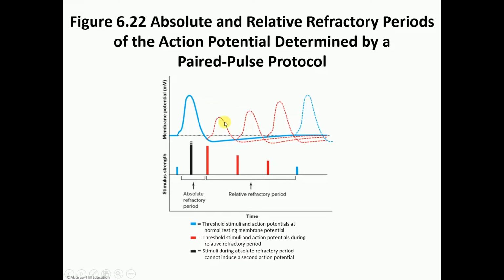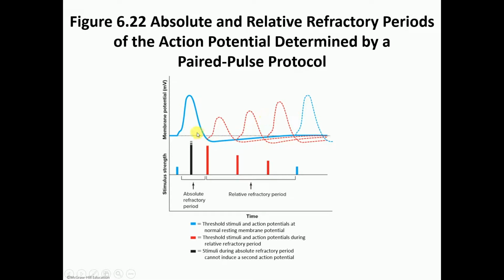So you do not see a corresponding curve to this. While this red stimulus is also stronger than normal, it happened during the relative refractory period, during the hyperpolarization area, and it led to an action potential.